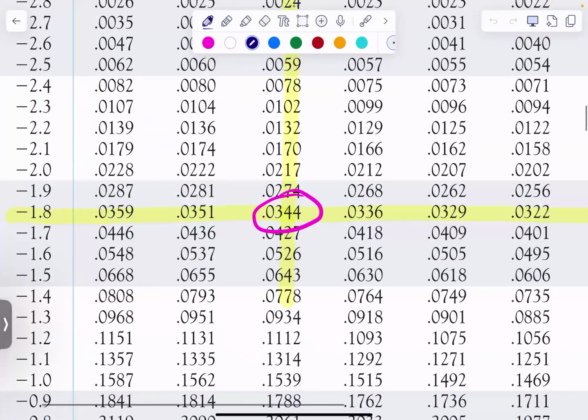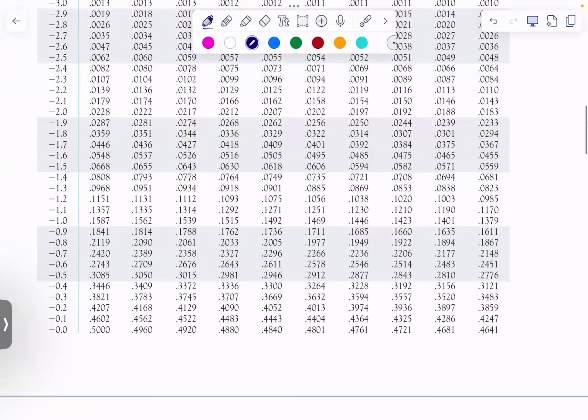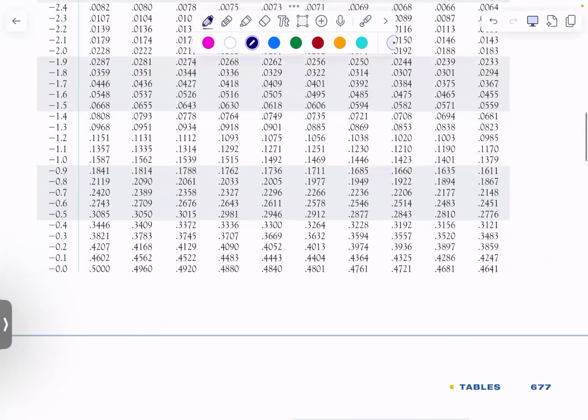So on your table, and again, if you don't have one, I brought some spares so you can practice. Now this is a positive Z, so you want to make sure you're on the positive side. What's a nice check-in point? Once you pass the mean, you know the area or the probability has to be more than 0.5, right?